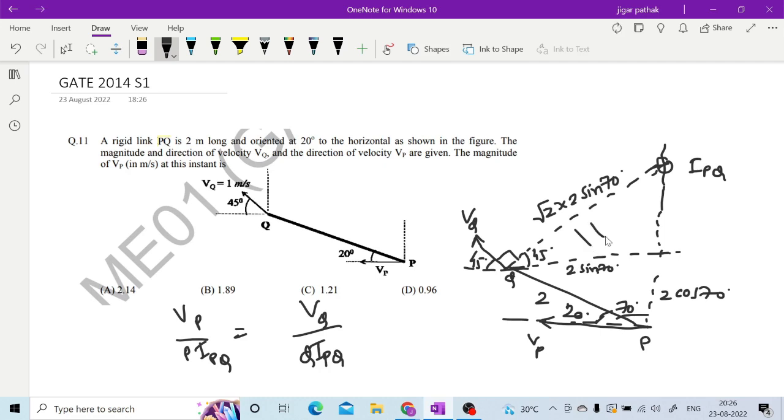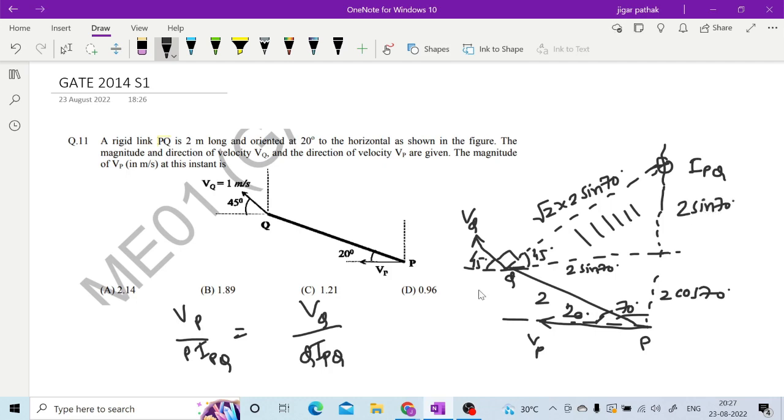In this triangle, if you apply cos 45 is equal to this 2 sine 70 divided by x, then x will be your root 2 into 2 sine 70. Now this side will be root 2 into 2 sine 70 into sine 45. Sine 45 is again 1 by root 2. So this will be again 2 sine 70.